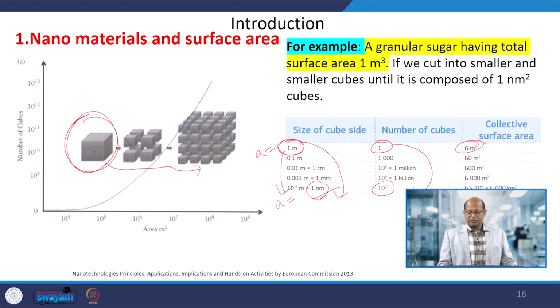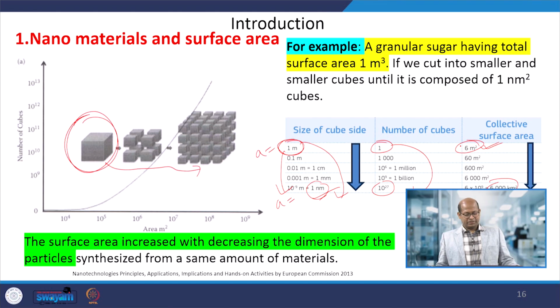At the same time, initially the surface area was 6 meter square, and when it is converted into nanomaterials, the surface area changes abruptly, that is, you can notice a sudden jump by changing the dimension of the particles. So surface area was initially this, and then suddenly the surface area changes.